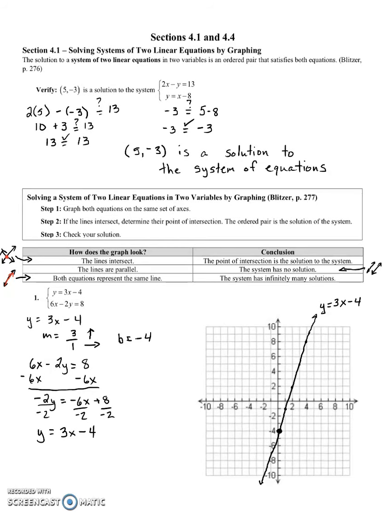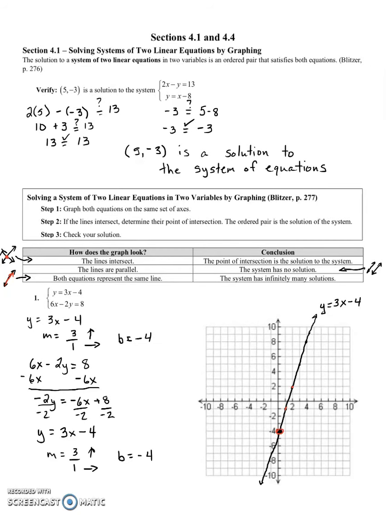So if we graph that, that means we have a slope of 3 over 1, which means go up 3 and right 1, from our y-intercept, which is negative 4. So if we graph that, we put a point at negative 4, and we go up 3 and over 1.